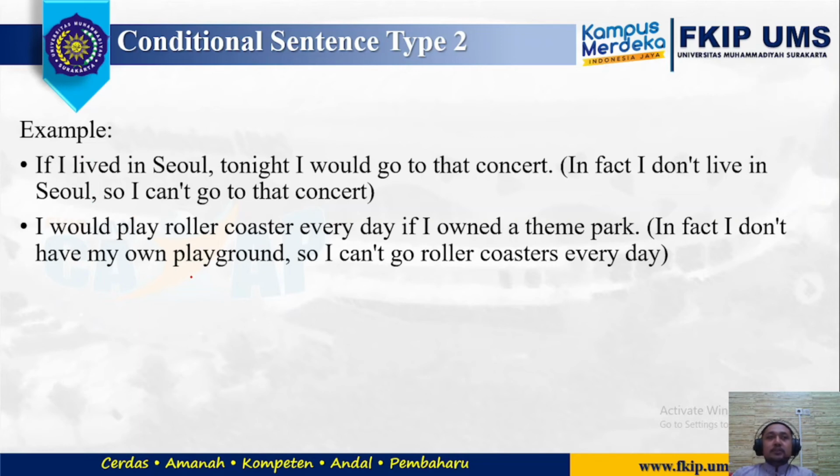Of course, the reality is I do not have my own theme park, so I cannot ride the roller coaster every day. That's impossible, because owning a theme park seems very impossible for me. That's the example of conditional sentence type 2.